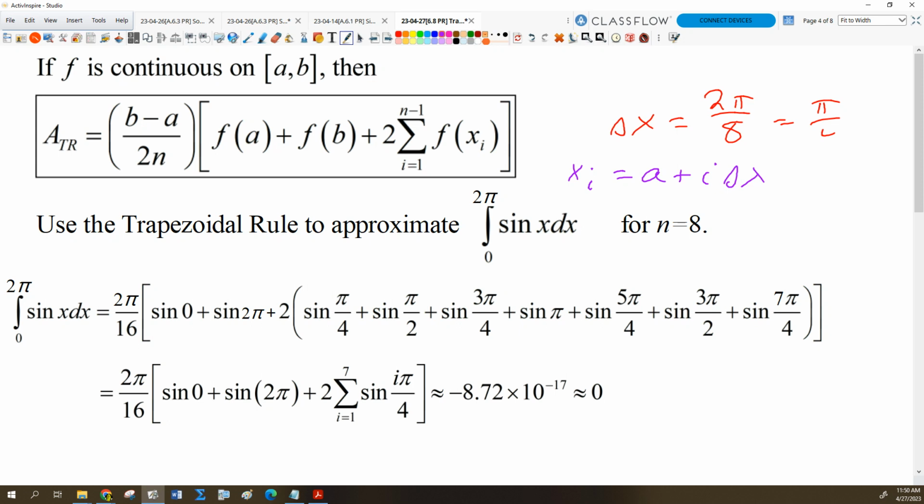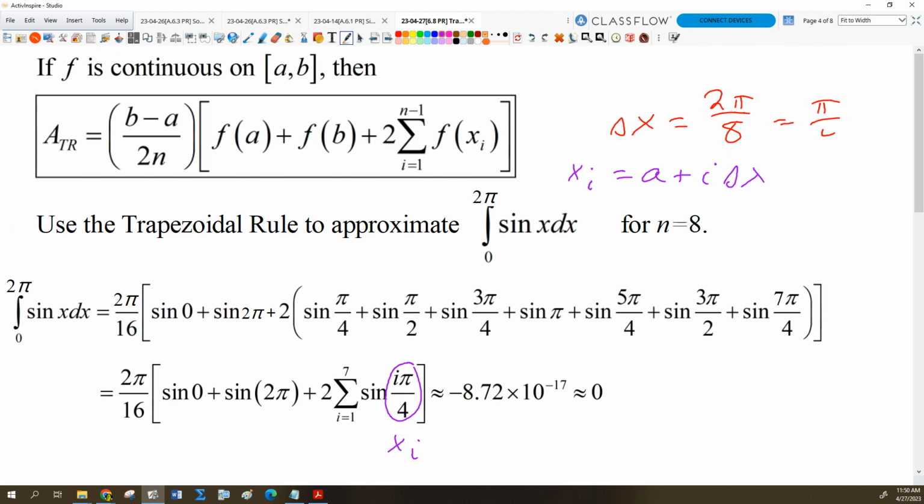So it would be 0 plus I times pi fourths. Well, the sine of 0 plus I times pi fourths. There's x sub I right there, as I goes from 1 to 7. So I could even do that just using sigma notation if I want to, right? Or I could add it up individually. Either way, I'm going to get that.